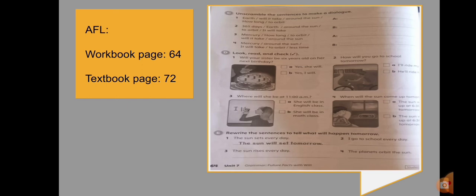And then in part E, you will rewrite the sentences to tell what will happen tomorrow. And textbook page number 72, that is right after the comprehension. Part A, we have already done. And part B will be your AFL. That means your homework. So best wishes with that.